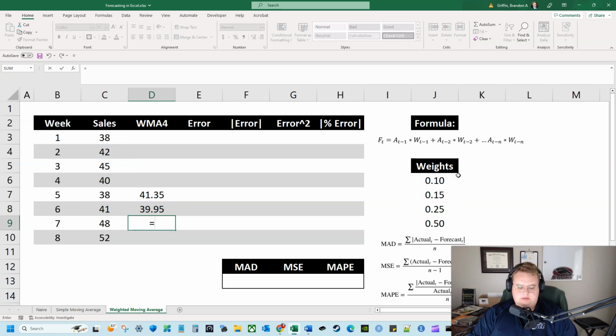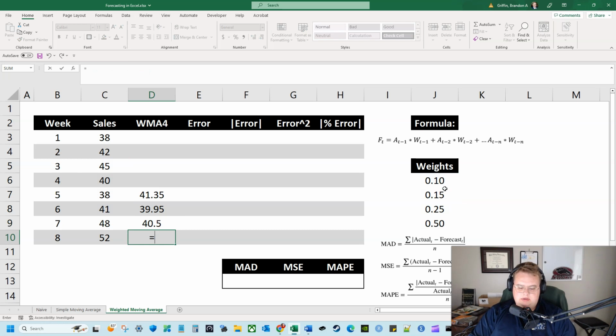Open parentheses, 41 multiplied by 0.5 plus 38 multiplied by 0.25, and then 40 multiplied by 0.15. And then lastly, 45 multiplied by 0.1, which gives me a forecast of 40.5.